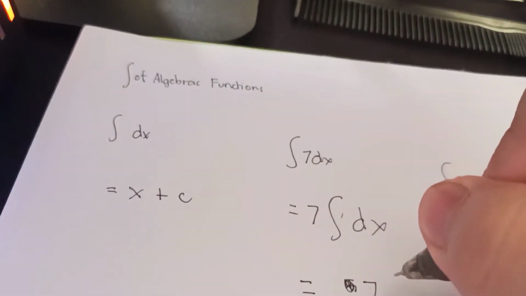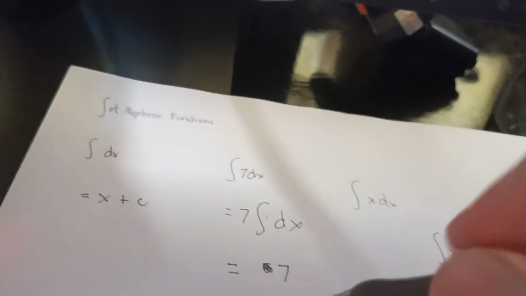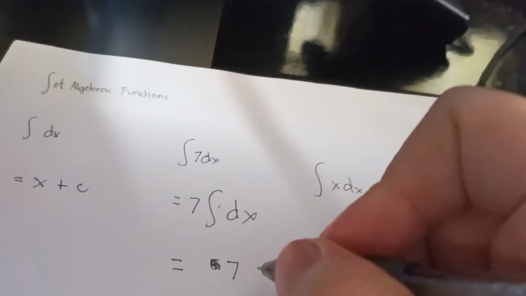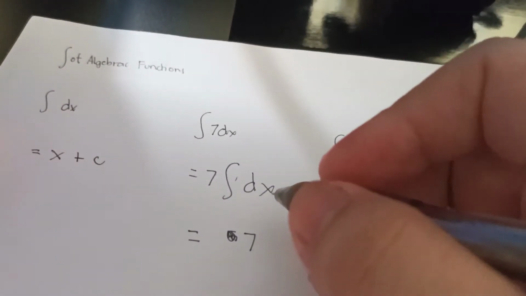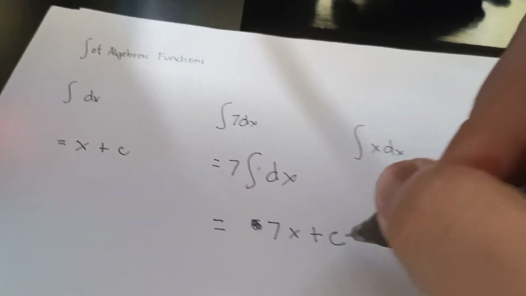We bring down 7 here, and we know the integration of dx, like in the first example, is x, so we just place it here: 7x plus the constant of integration.